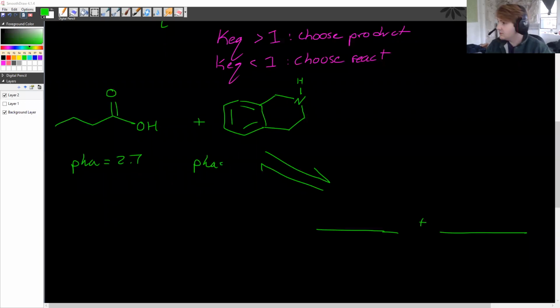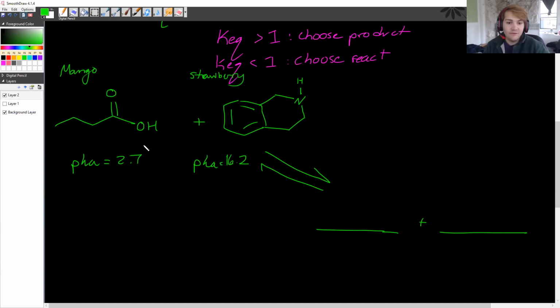It's 16. I think it's indole. Can't remember. Yeah, it is. Cool. So we have these 2 structures. Here's our mango structure, here's our strawberry structure.